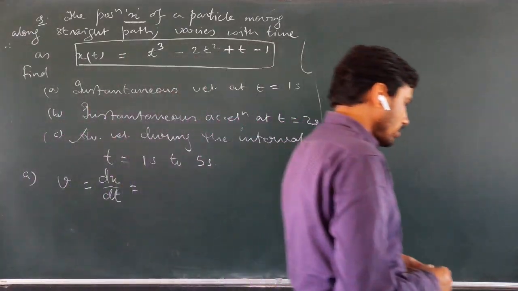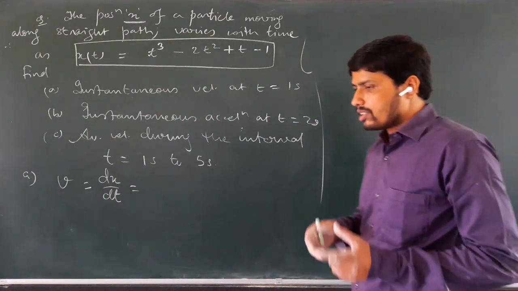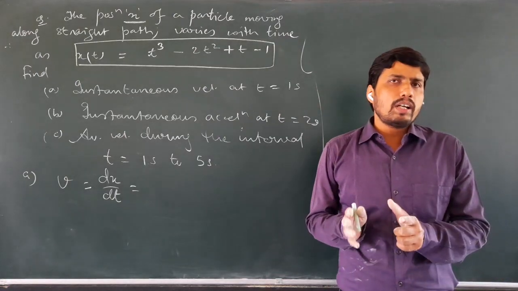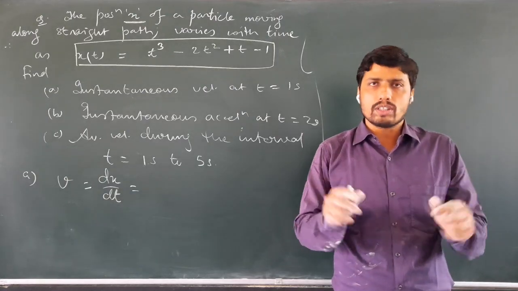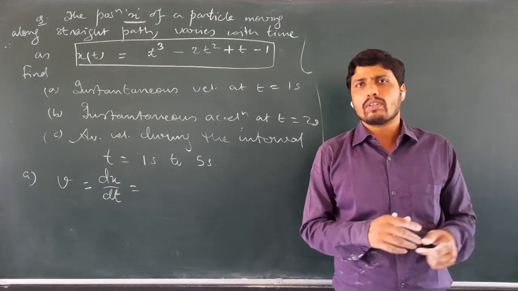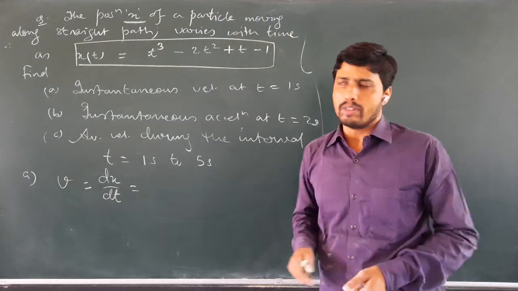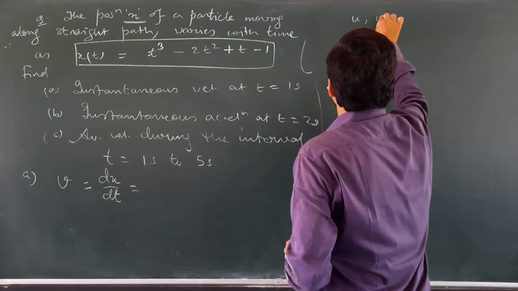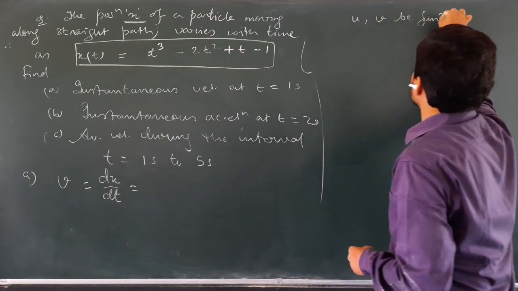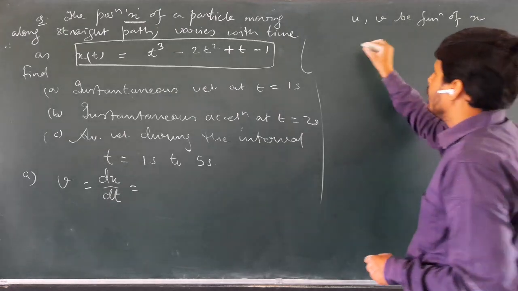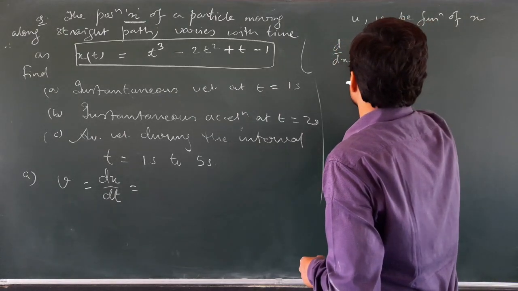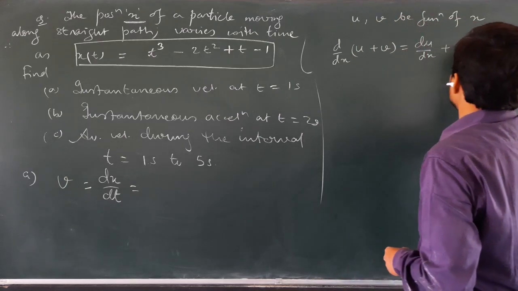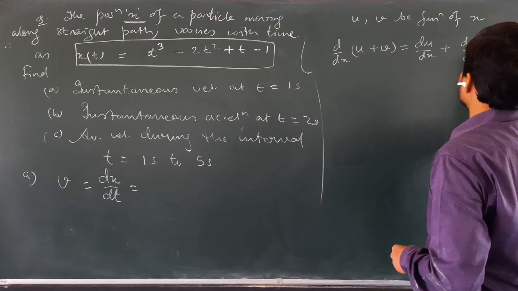Now, before I discuss that, I should have told you earlier, if we have sum or difference, product I will not discuss today. If we have sum and difference of two functions, then the derivative of the sum or difference is equal to the sum or difference of the derivatives. For example, let u and v be functions of x. Then derivative of u plus v is derivative of u plus derivative of v.